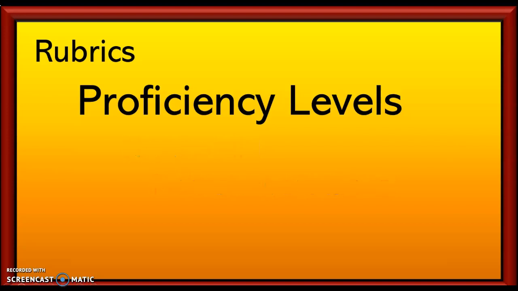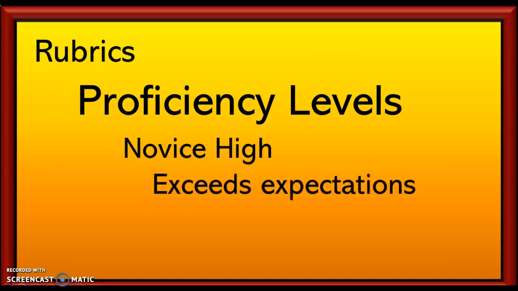And obviously then novice high would mean that a student would exceed the expectations that we would have for a student who had been learning Spanish for the period of time that you have been learning. Keep in mind that novice high or exceeds expectations is where you would need to be marked in order to get an A on this assessment.